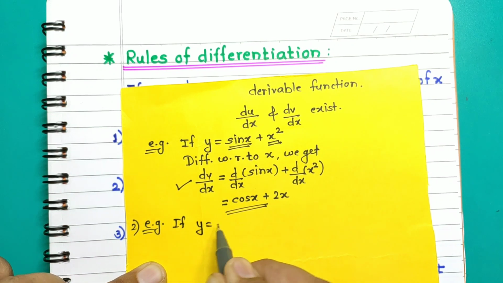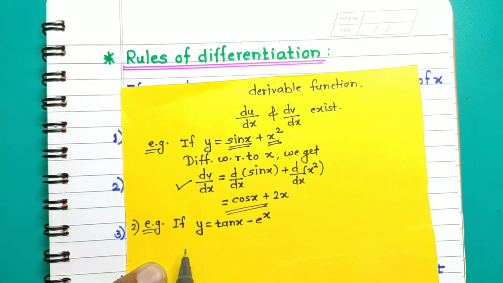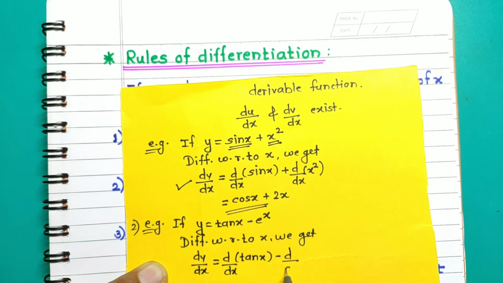If y is equal to say tan x minus e raised to x. So to get the derivative of y, let's differentiate. Differentiating with respect to x, we have to subtract the derivatives of these two functions. So dy by dx is equal to derivative of tan x minus derivative of e raised to x.